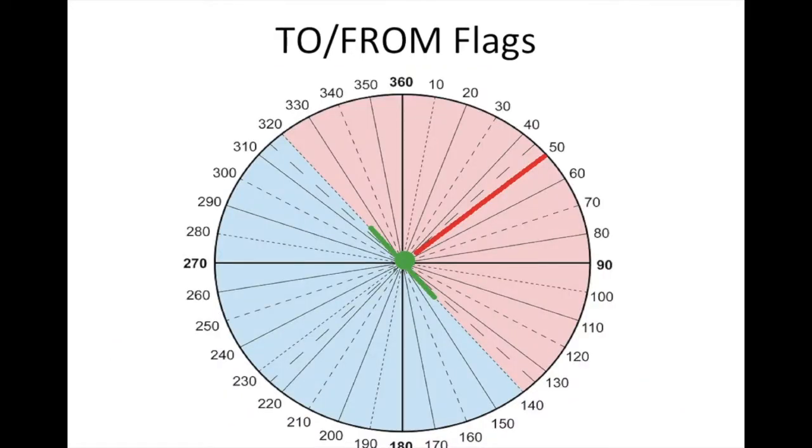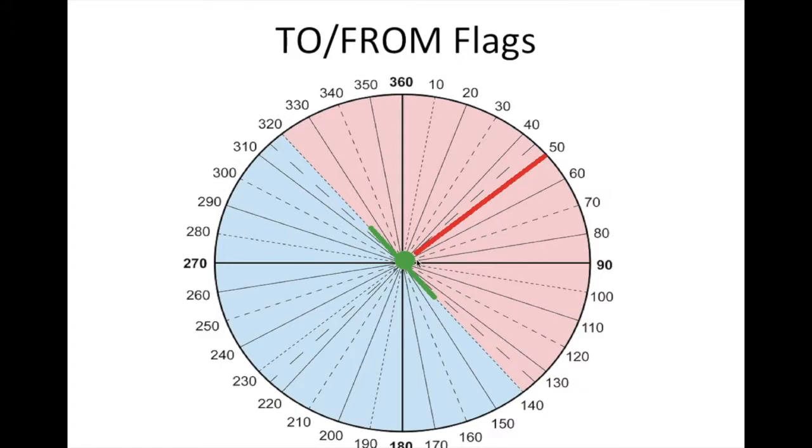Now, a very important concept that we need to understand: the VOR, as I said before, has these radials coming out, and you have an indicator in the cockpit, which I'm going to show in detail in just a few minutes, that says To or From. Now let's look at a simple example.